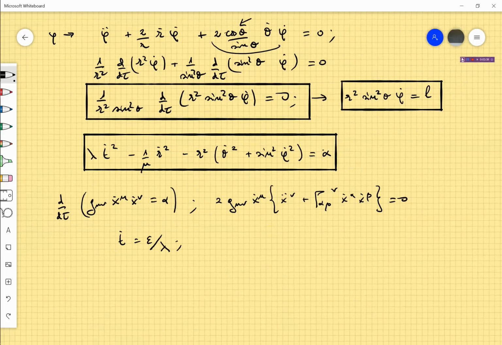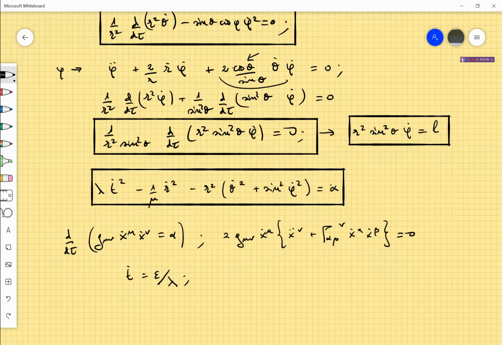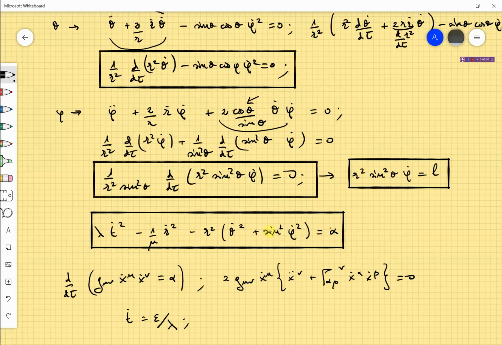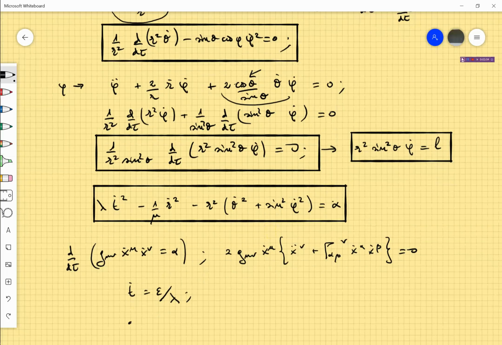The r component we are going to eliminate from this problem, because we are going to use the mass shell condition. Then we have the theta component, and let me write it in this way. We have the tau of r squared theta dot, and I multiply everything by r squared.